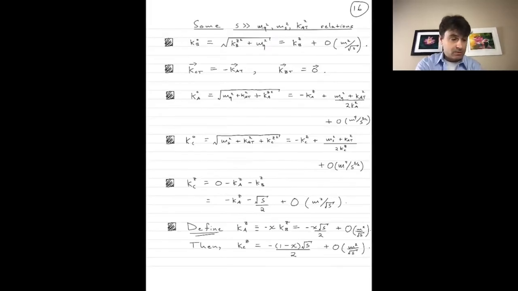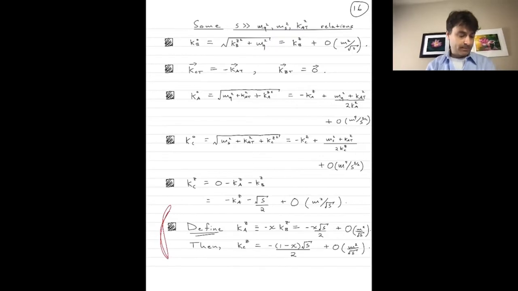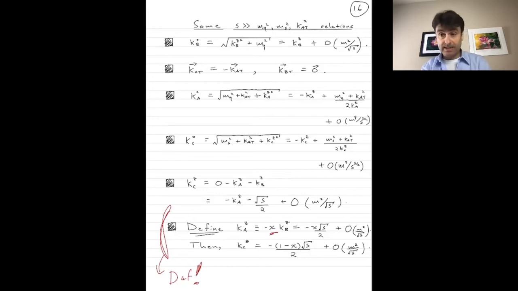Now I'm going to introduce a definition that'll be useful later. I'm going to introduce a momentum fraction. So this is a definition of x. I'm going to say let Kaz equal negative some fraction of Kbz. And one thing that allows me to do is to note that Kbz, remember, is equal to square root of s over 2 plus suppressed corrections.